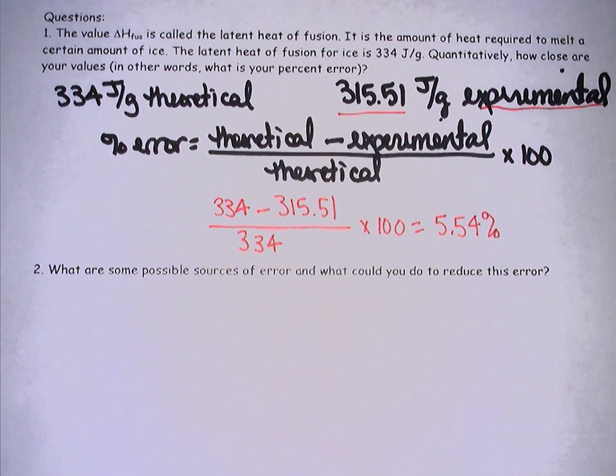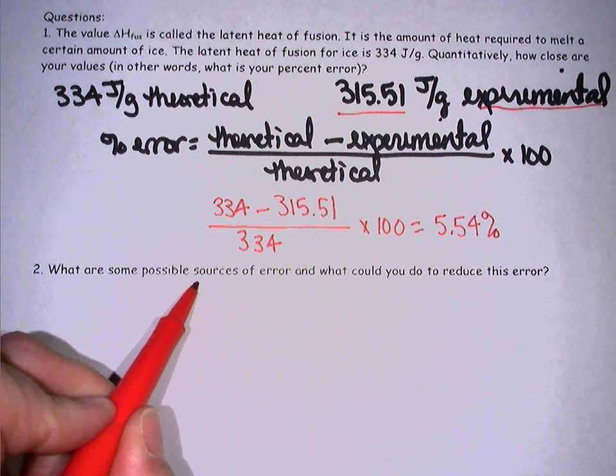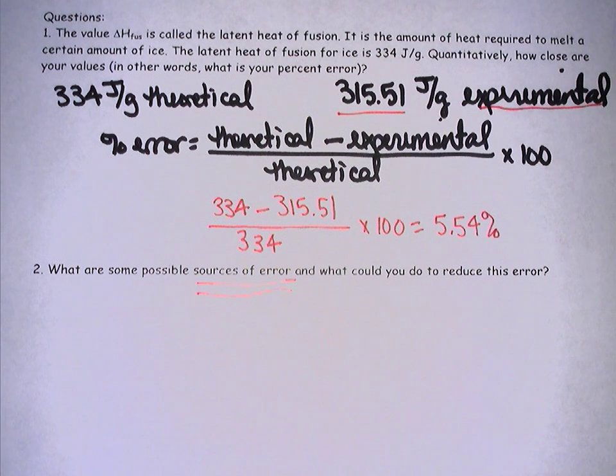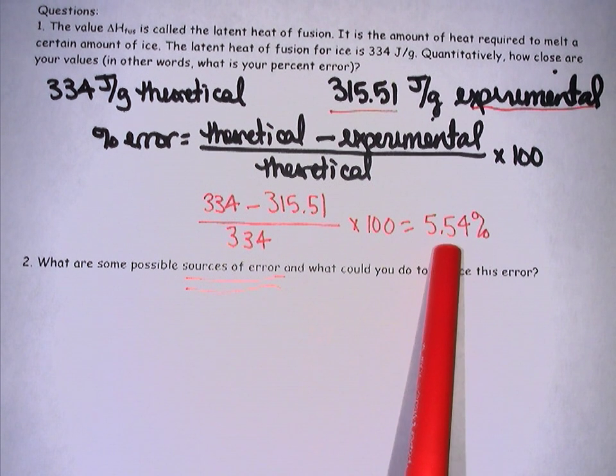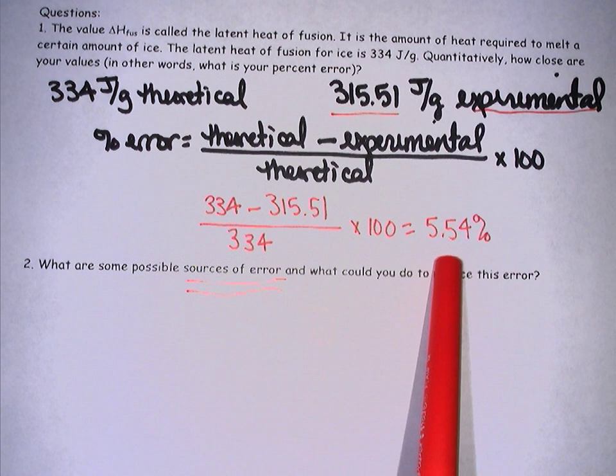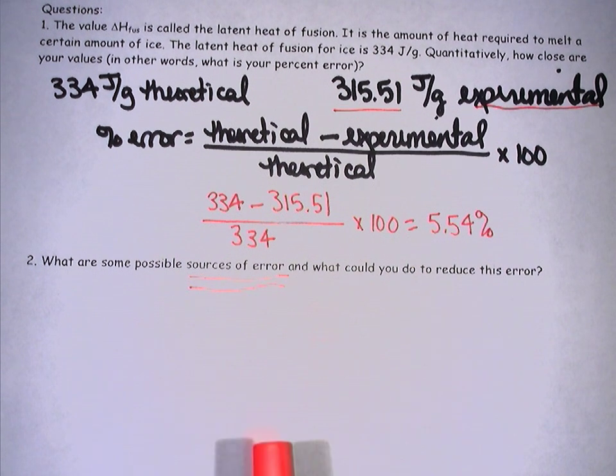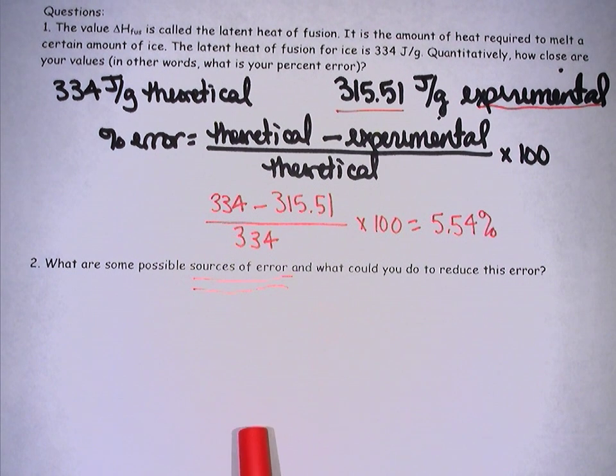Now, there's a reason why we got some of these errors, and I'm not going to go over that part, but I want you guys to brainstorm with your lab partner as to what could have caused it. This is actually a really close value. Some of you are going to be further off than that, and there are reasons for that. We've talked about this before, but it's the way the lab is done that can cause you to have error.